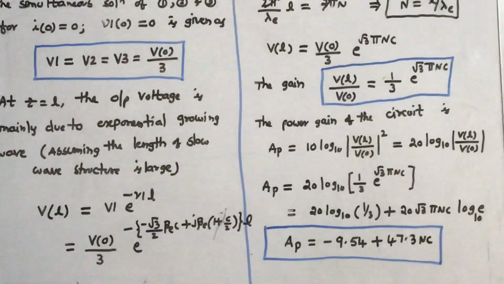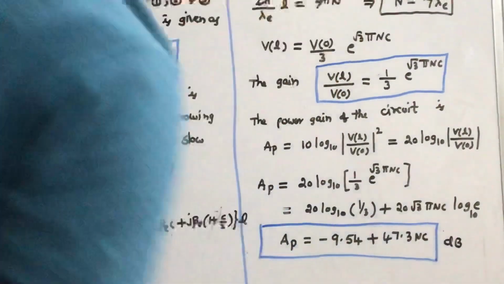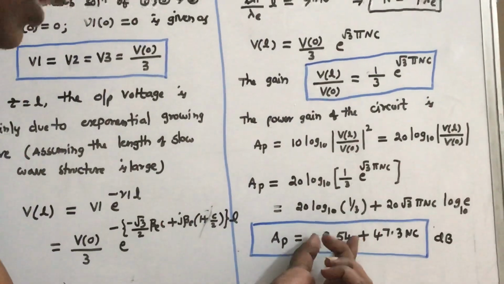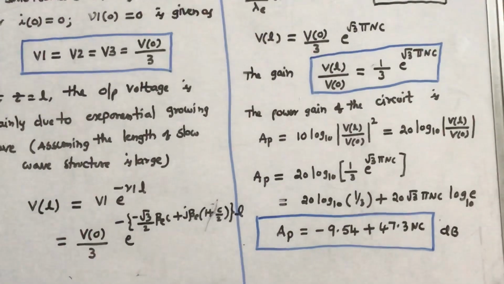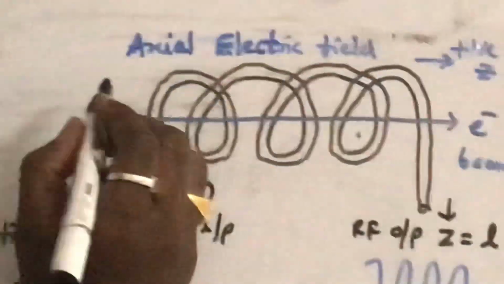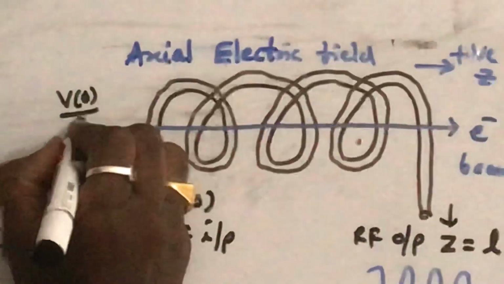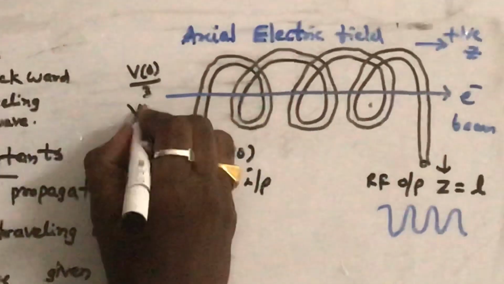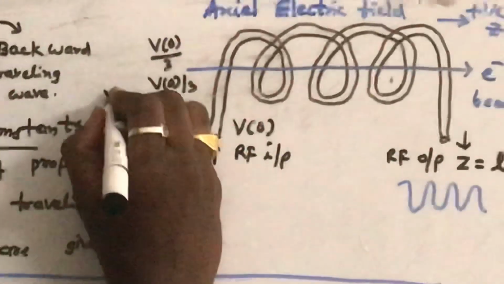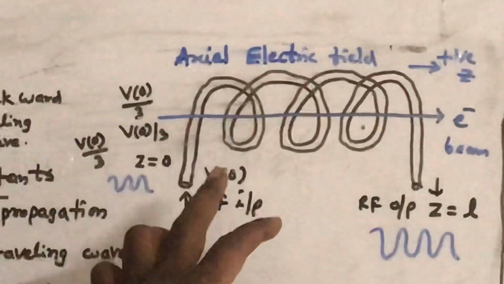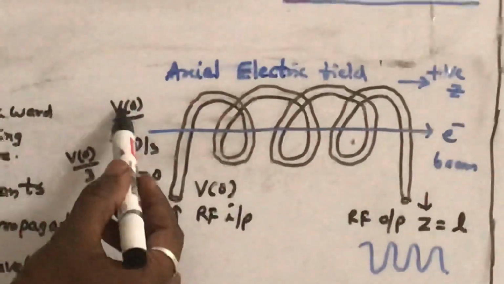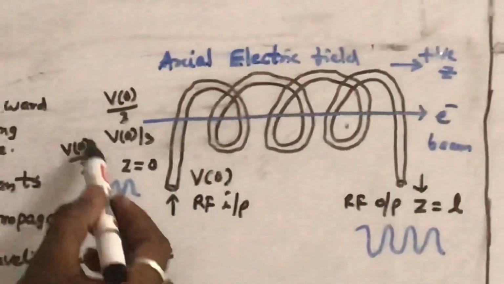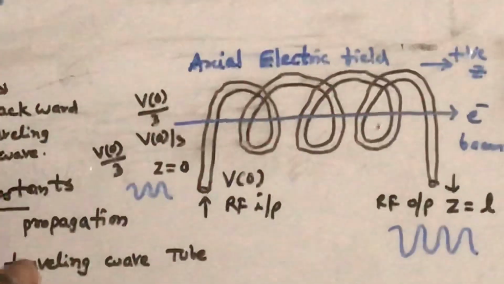See here, this is in dB, decibels. The initial loss, you can see that minus 9.54, is because the input voltage V of 0 is equally split into V of 0 by 3, V of 0 by 3, V of 0 by 3, into 3 forward traveling waves.